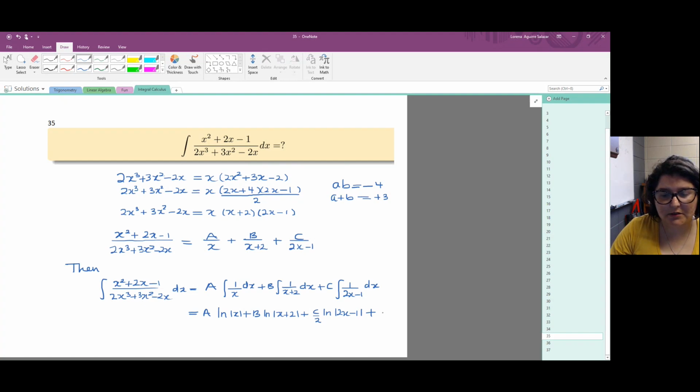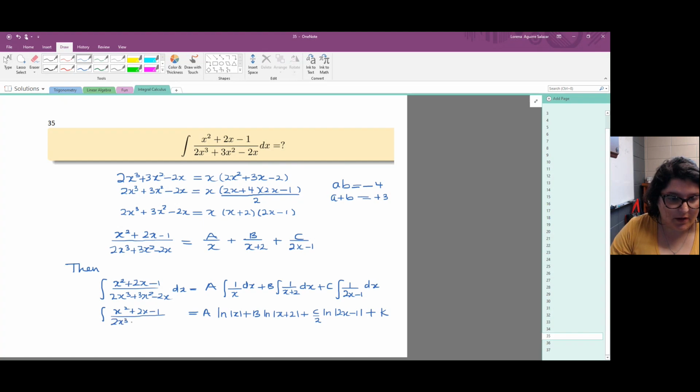And then plus an integration constant, let's call it k. Once we find our constants a, b, and c, we will know the integral of this function. Now let's find the constants on the next page.